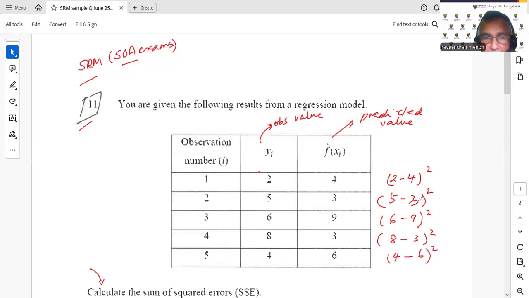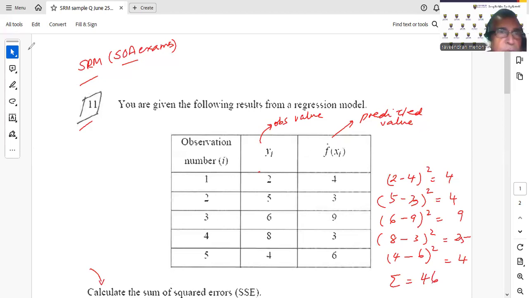So this will be 4, this will be 4, this will be 9, this will be 25, and this will be 4. So 4 plus 4 plus 4 is 12, 12 plus 9 is 21, and 21 plus 25 will be 46.